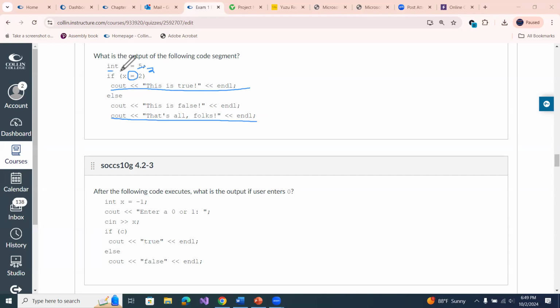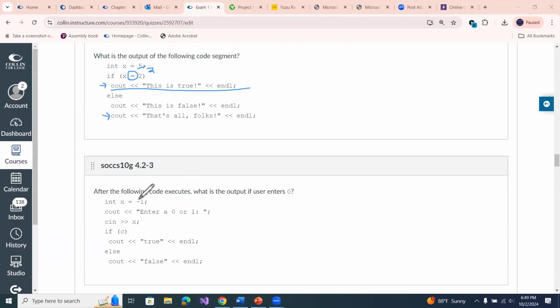So the if statement is just this, because there are no curly braces. This line is just the rest of the program. If you wanted this second line to be part of the else, you would need curly braces here to keep it as part of the else. But we don't have those curly braces, so it prints out this line and it prints out this line.